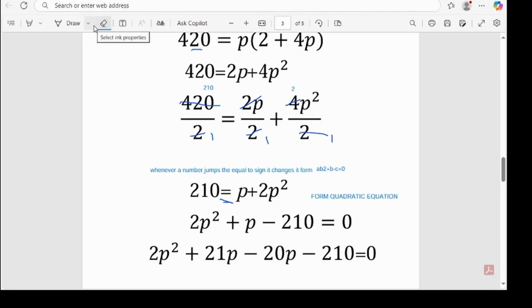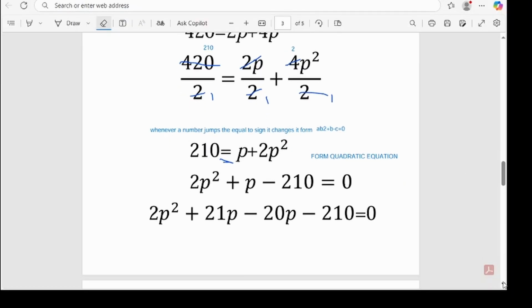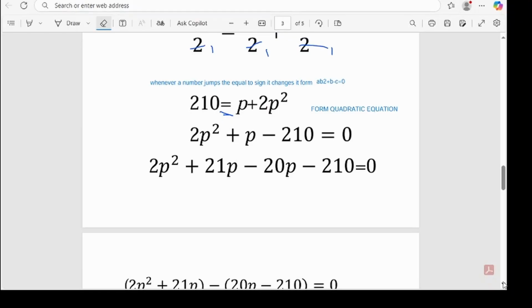So let's move on to solve the quadratic equation. The rule here for a quadratic equation is to multiply the leading coefficient and the constant term together.